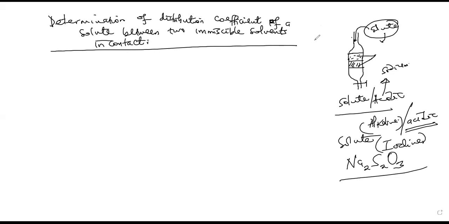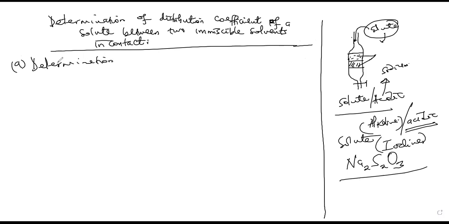That background is going to enable us describe how we can determine the partition coefficient of different solutes between given solvents. For example, let's begin with determination of partition coefficient. One can call it distribution coefficient or distribution constant.